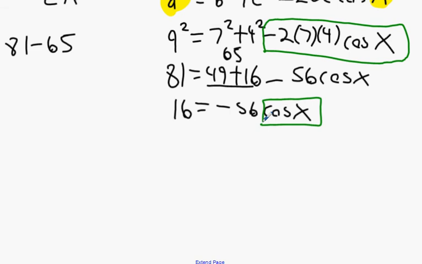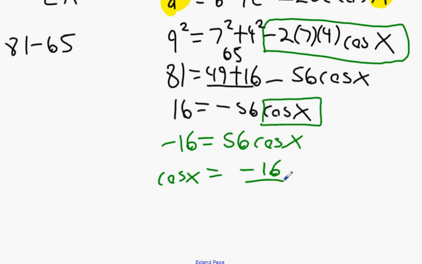Is that okay? Now, bring the minus 56 underneath, or actually, to be honest, we'll multiply both sides by minus 1 first, and then we'll bring the 56 underneath, and we'll get cos x equals minus 16 over 56. The prediction is, if this is below 90, we're wrong. If it's above 90, more than likely we're right.